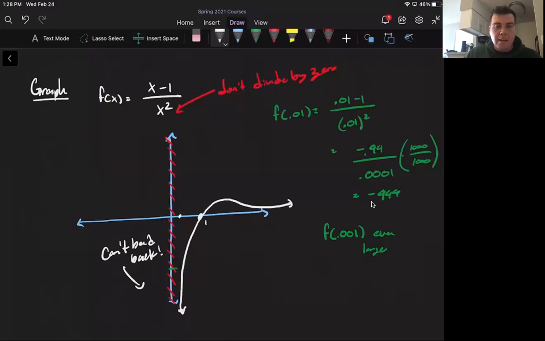And again, in this example, we can see that we do cross the horizontal asymptote. If we go back to our knowledge of how to graph rational functions, we can see that the degree of the top is less than the degree of the bottom.